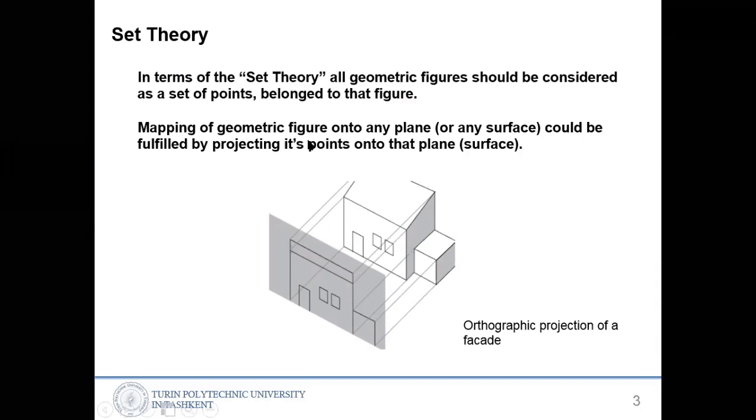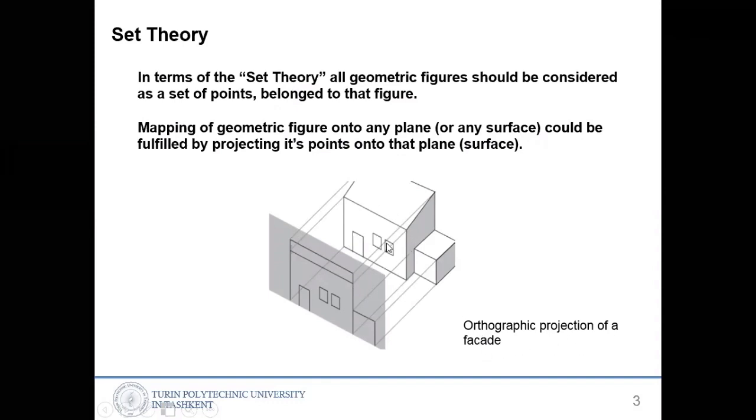Mapping of a geometric figure onto any plane or surface can be fulfilled by projecting its points onto that plane. Every corner and feature of the house can be projected into 2D, and using those projected points we can generate the lines and features of the house on the two-dimensional page. That is the orthographic projection of a facade.